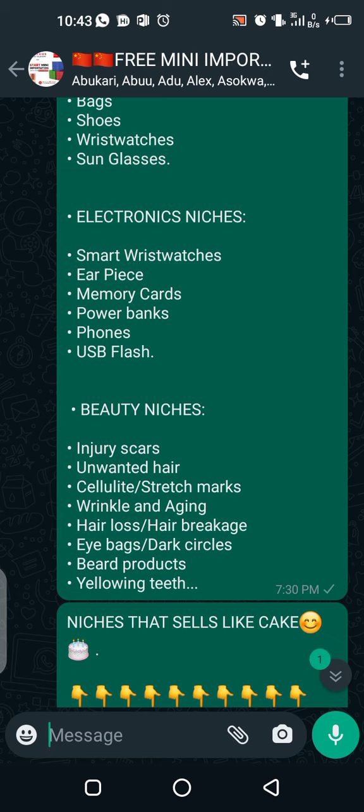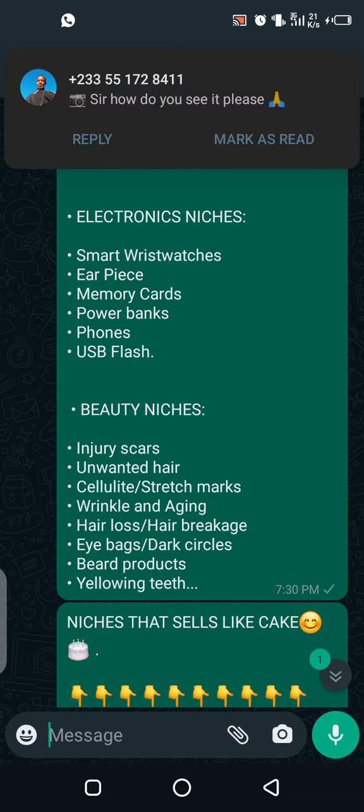All I have to do to know the price in the Ghanaian currency is to multiply the 20 by the current currency rate, that's the 1.18. So you just multiply the 20 yuan by the 1.18, then you will find the amount in Ghanaian cedi that you are supposed to pay the supplier.